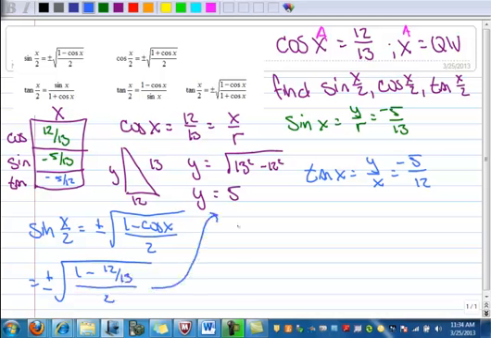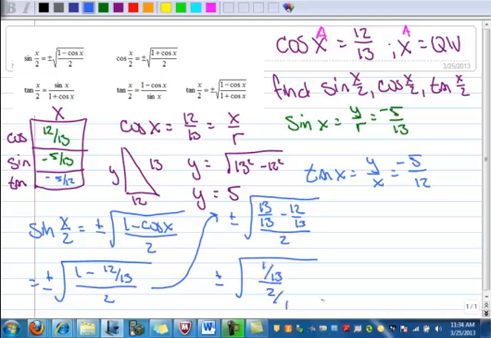That becomes 13 over 13 minus 12 over 13 all over 2. Working downwards, 13 minus 12 is 1, so we have 1/13 over 2.